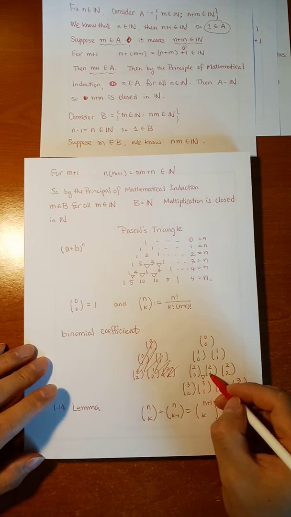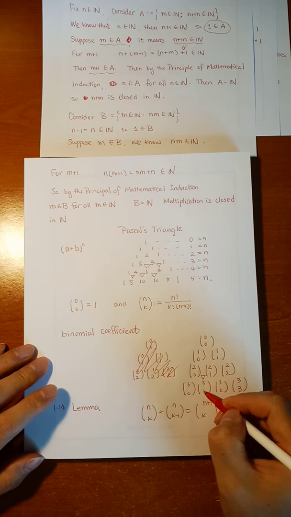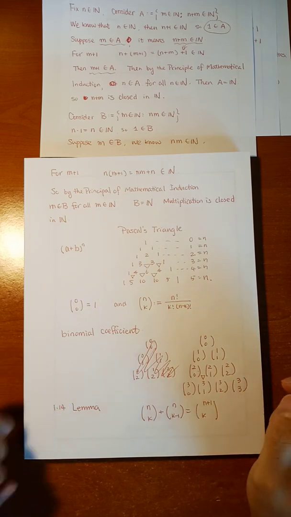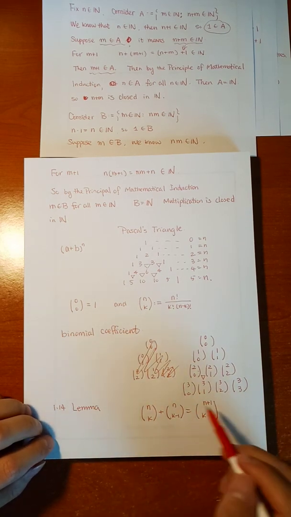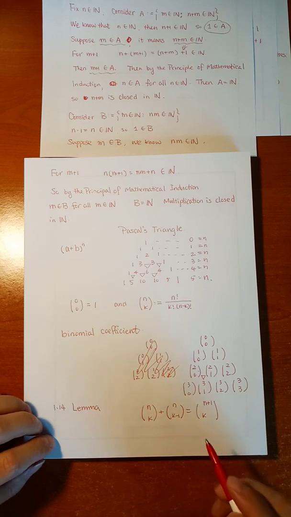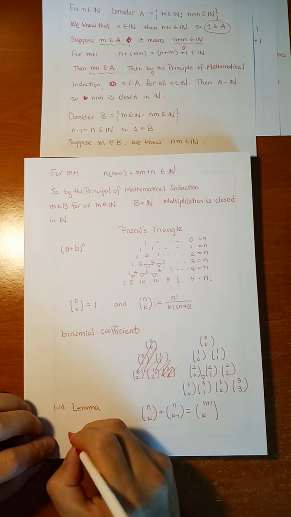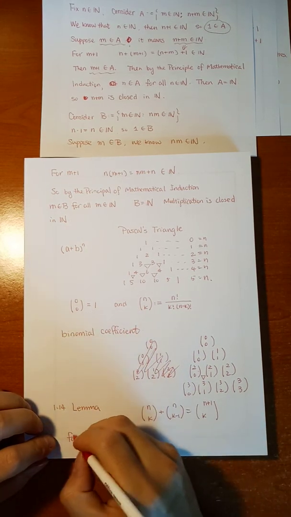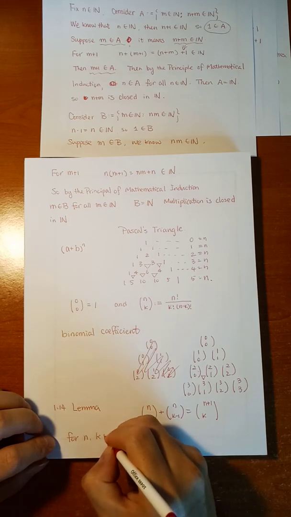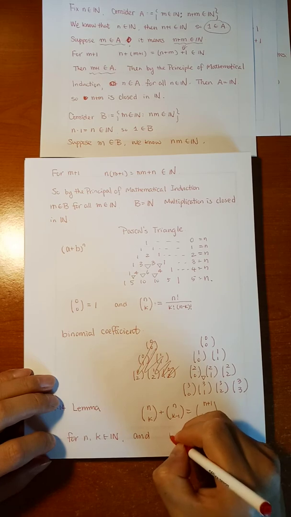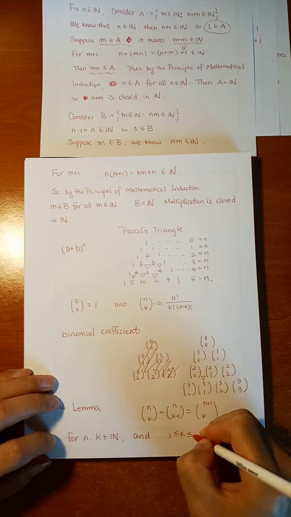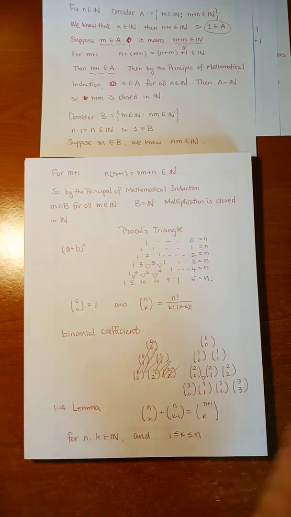You see, this is the second position, this is also the second position. So we are going to prove this formula. It works for n and k in the set of natural numbers, with 1 less than or equal to k less than or equal to n. K is between 1 and n.